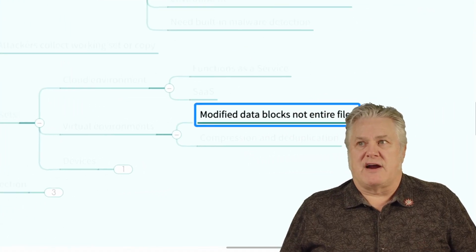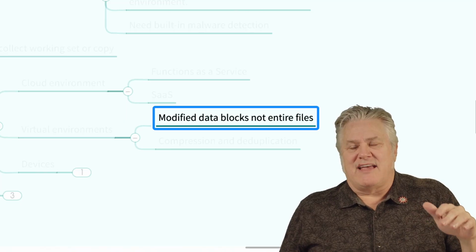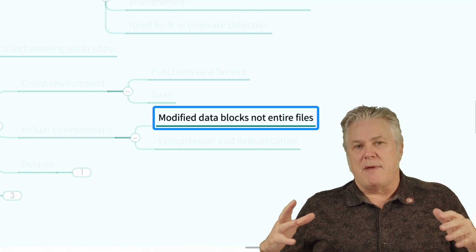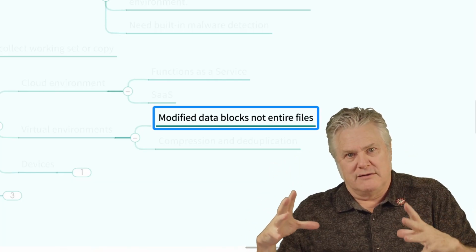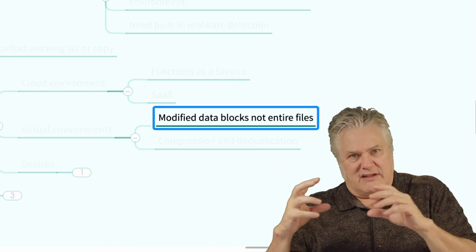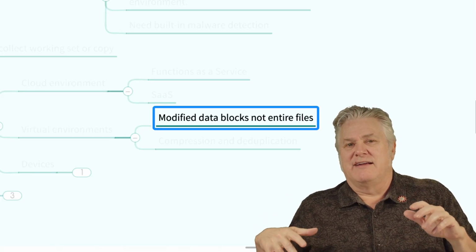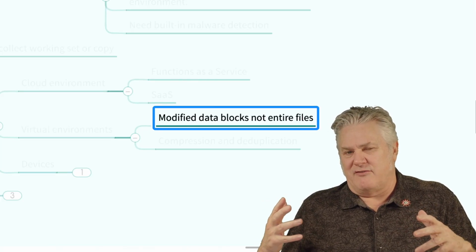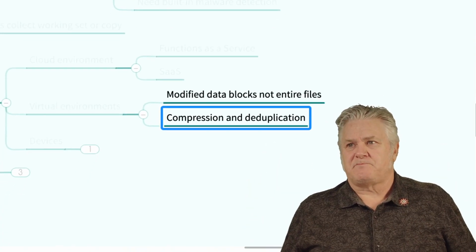Next is our virtual environments. We're going to modify data blocks and not entire files, because remember, now this virtual machine is a file. It's a big file and it's composed of different parts inside of it. So we don't want to try and make a copy of the entire file every single time it changes, because the operating system is running. It's continually changing.